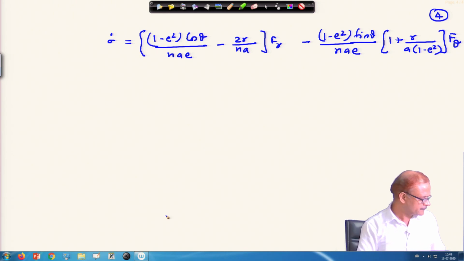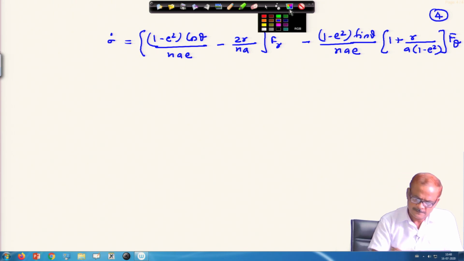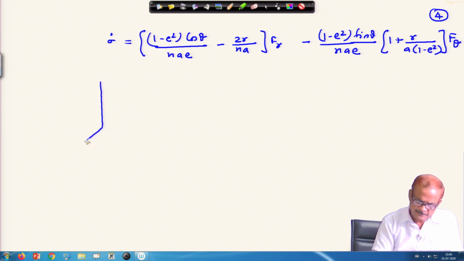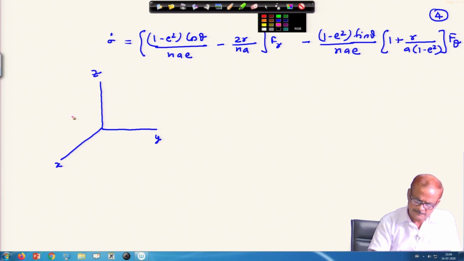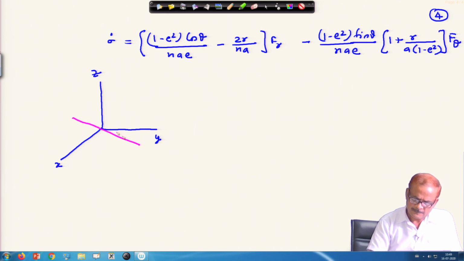Okay, so now we start with what we have been doing. What we did was represent the reference frame, first x y z, and in that we had the orbit, the projection of the orbit represented like this.